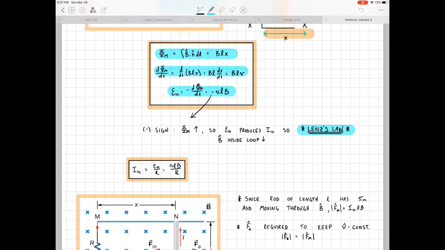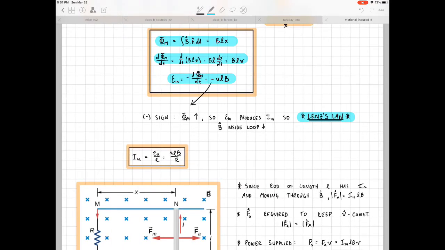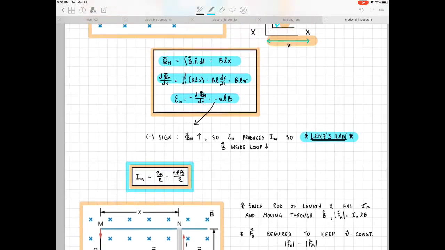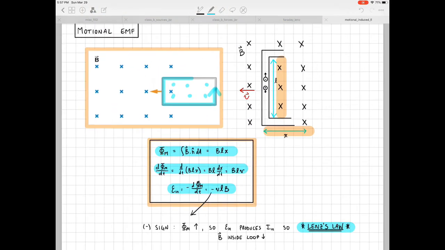Now, the induced current is simply Ohm's law. If the induced EMF is vLB, then the induced current is vLB over R. One thing that we didn't mention up here is that for the loop to enter this magnetic field and continue at a constant speed, there actually needs to be a force pulling or pushing it along to maintain that speed.